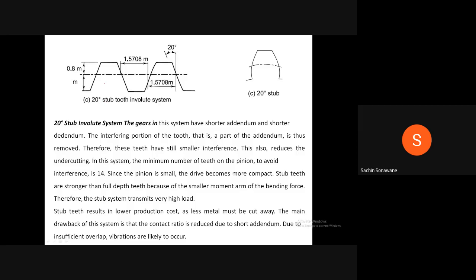You will find that whenever interference of the two gears occurs, at that time, to avoid the interference, we can increase the center distance. I will draw the diagram again here.